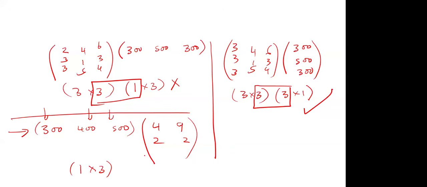Then what about this matrix? This matrix is a 2 by 2. Ask yourself, are these the same? No. So it means you cannot multiply them. The moment you find that these ones are not the same, it means you cannot multiply them. So it is really very important. Do not just multiply.